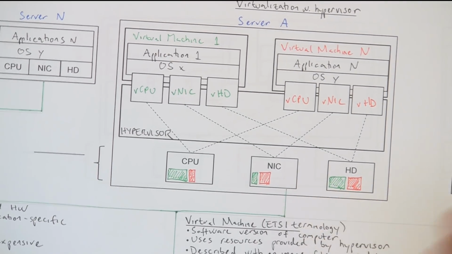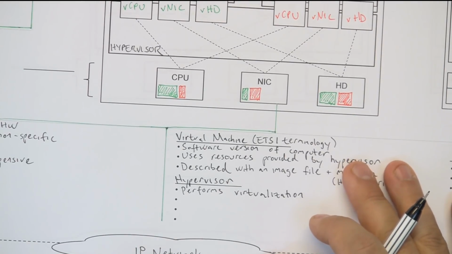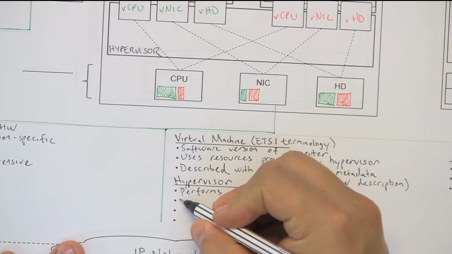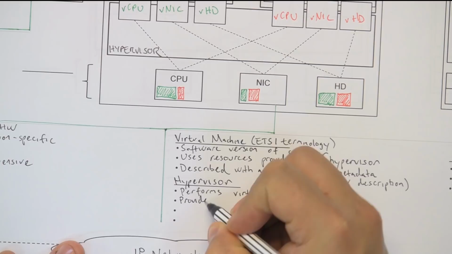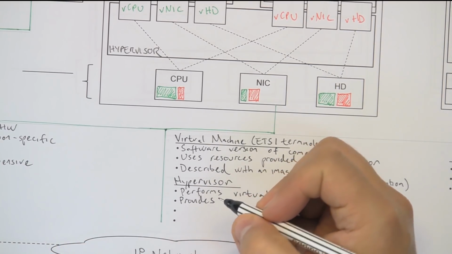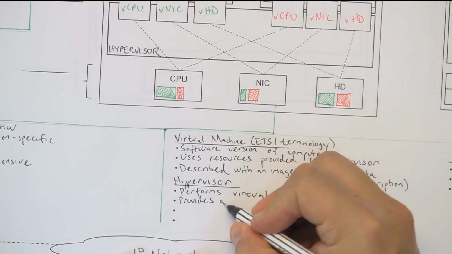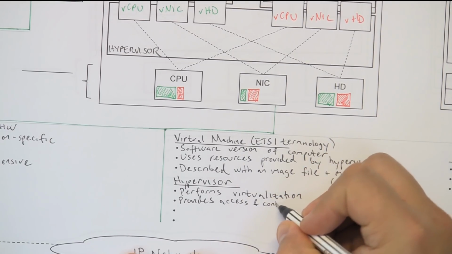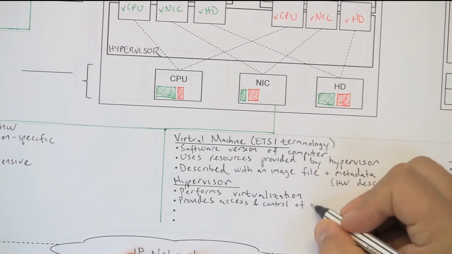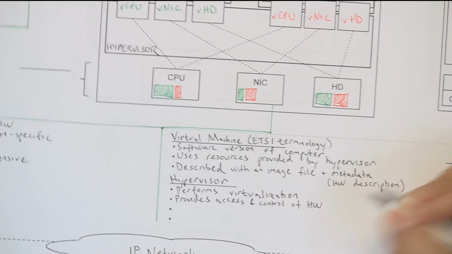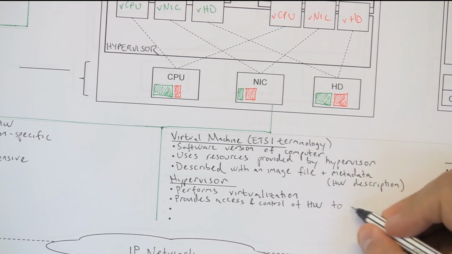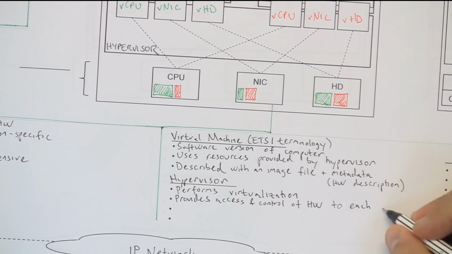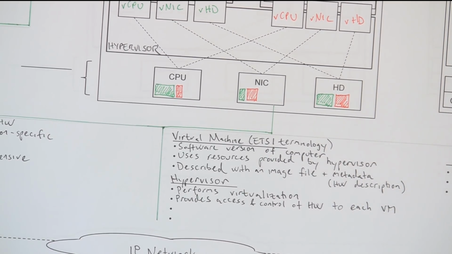But for the green part, it can exercise a bit of control there. So the hypervisor provides access and control of the hardware to each virtual machine, to each VM, like this.